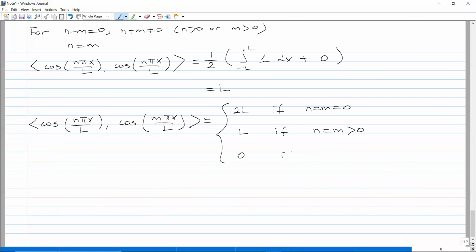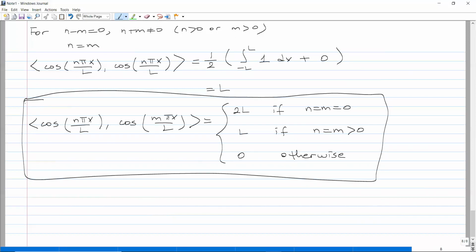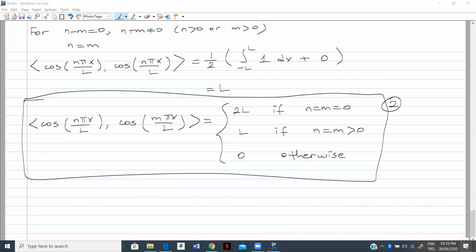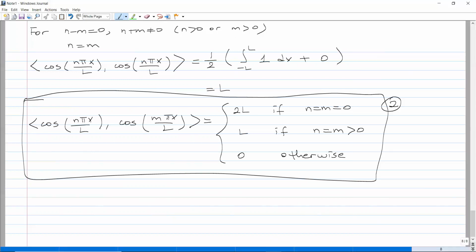And it's going to be 0 otherwise, in all the other cases. Maybe I should give them names. Let's call this equation 2. Above, we have the same thing for sine. So let's call this 1. Now we get 3 from the inner product of sine and cosine.